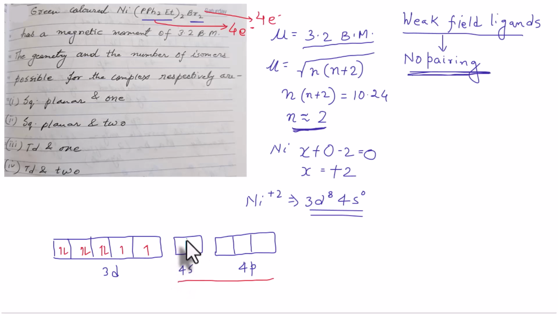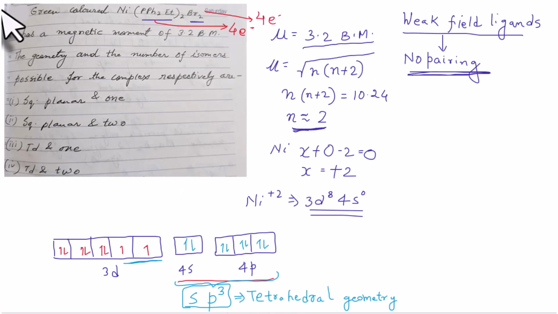So this is how we accommodate 2 in the 4s and 6 in the 4p orbitals. So total 8 electrons from the ligands. And now what kind of hybridization? So this is sp3. Inner d orbitals are not utilized for hybridization and we have sp3 hybridization, which corresponds to tetrahedral geometry.